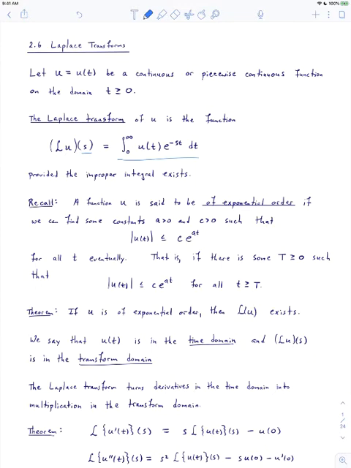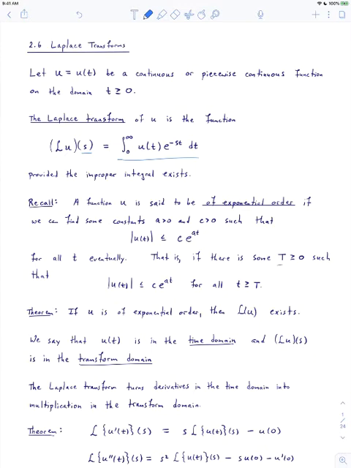So we recall that a function u is said to be of exponential order if we can find some constants a greater than 0 and c greater than 0, such that the size of the function at t, or the absolute value of u at t, is less than or equal to c times e to the at for all t eventually.